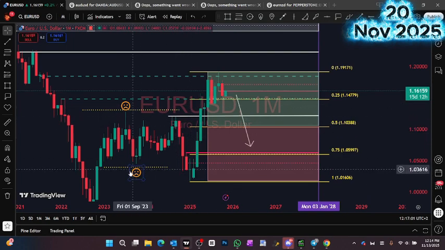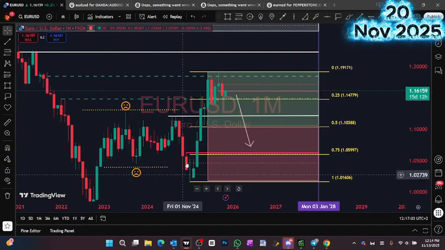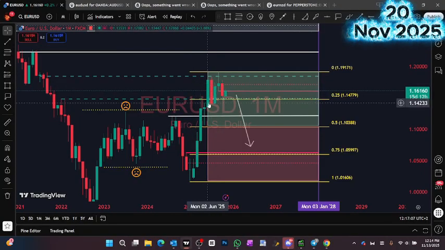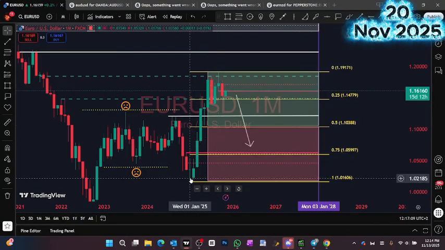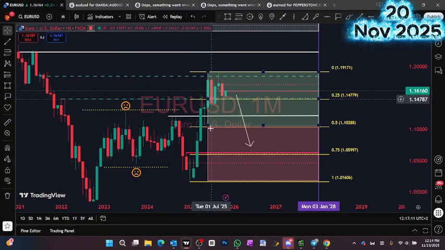Price came down, took this liquidity, and then went up, took this liquidity again. Now this was a parabolic move. It needs to relax, come down a bit, and then go up again.